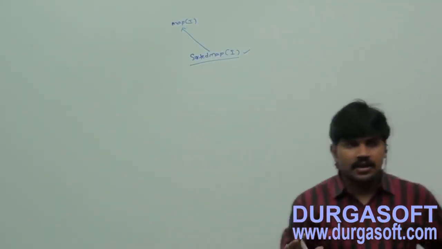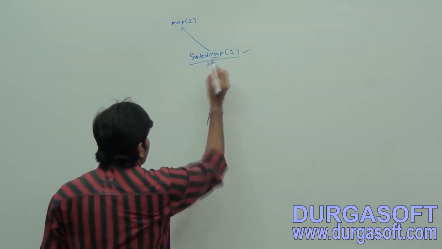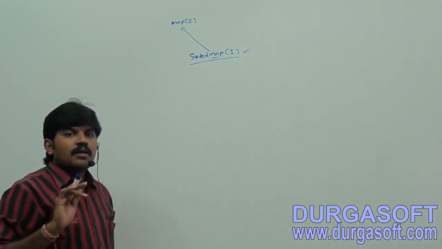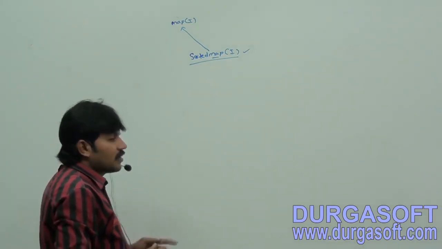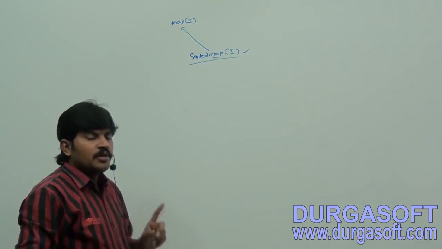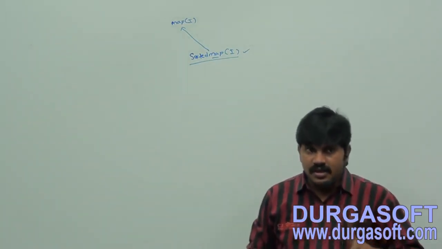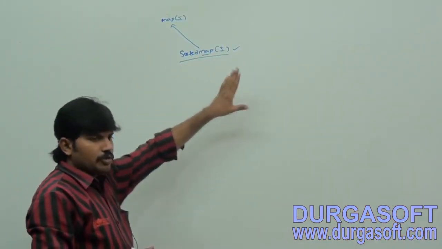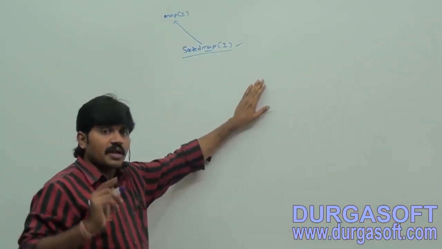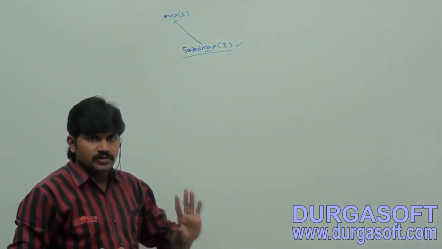If you want to represent a group of key value pairs, so it is a map, a group of key value pairs, all entries will be inserted according to some sorting order of keys. Remember, sorting is based on the key or based on the value? Sorting is based on key. So if you want to represent a group of objects as key value pairs according to some sorting order of keys, then we should go for sorted map.